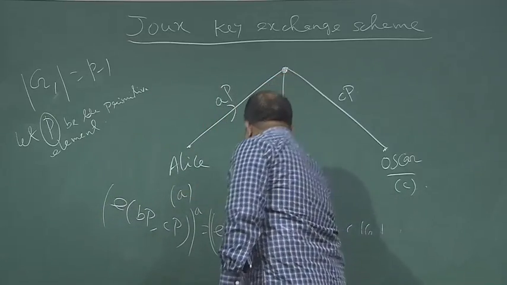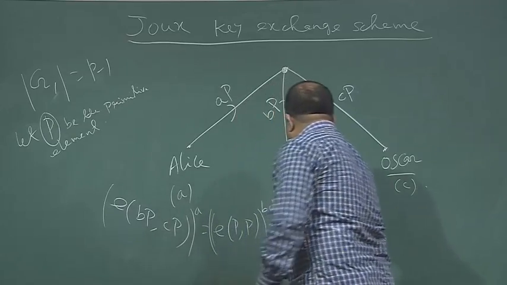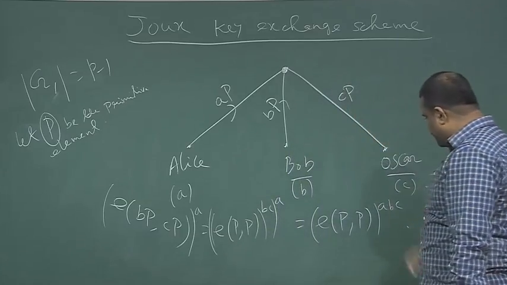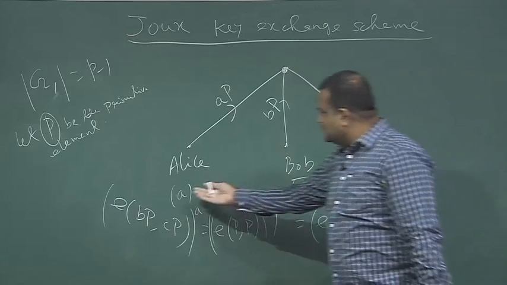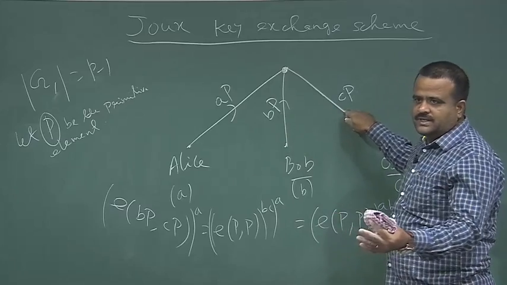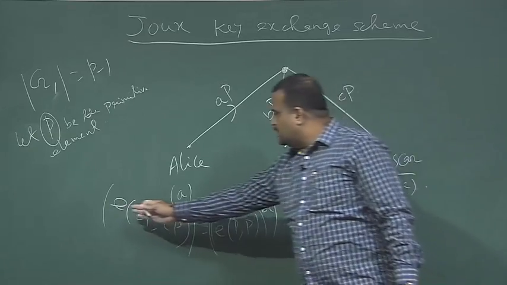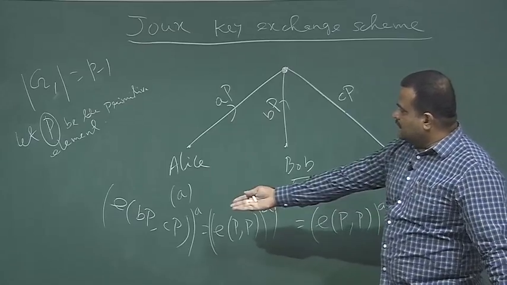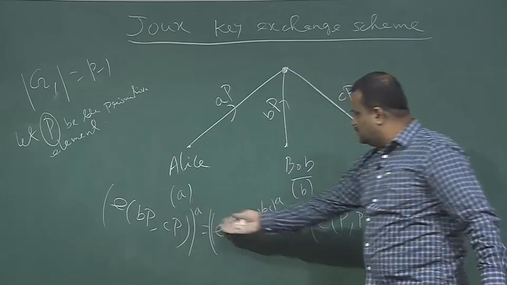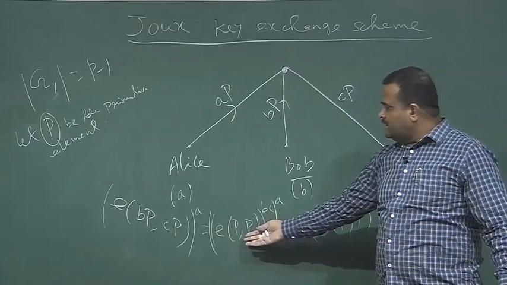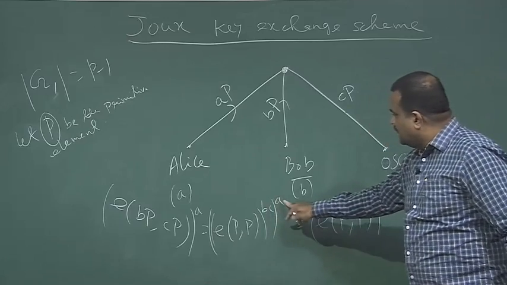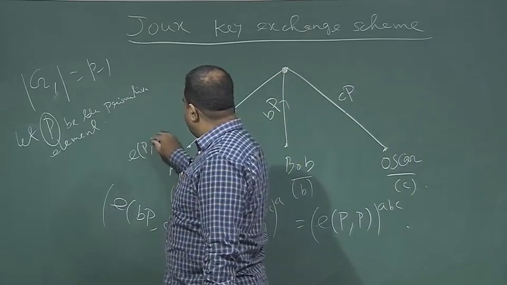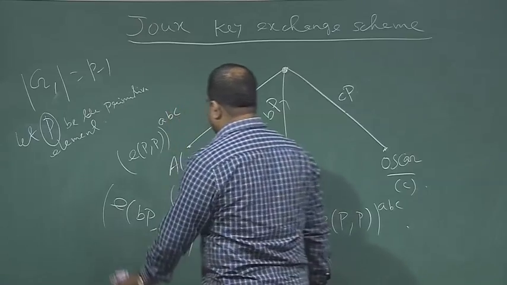So this is e(P, P) to the power ABC, which is now known to Alice.